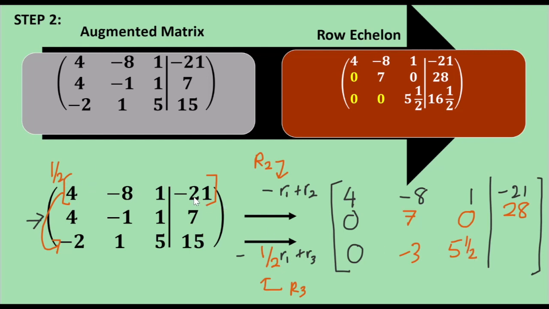Half multiplied by negative 21 would give us negative 21 over 2, plus 15 gives us 9 over 2 or 4.5.